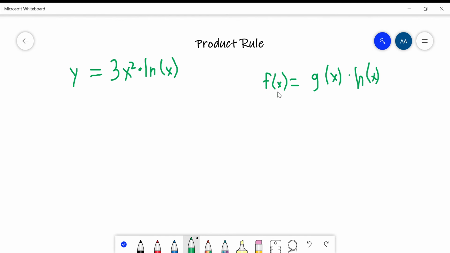So what if we wanted to find f prime of x? Sorry, that's not the best looking f prime. So this would actually be, and I'm just going to give you the rule straight, g prime of x, so the order doesn't actually matter.